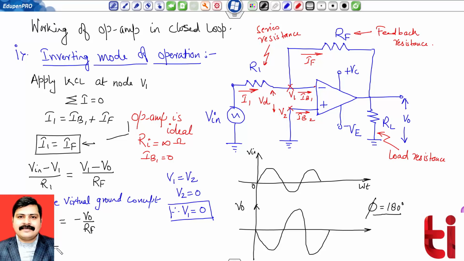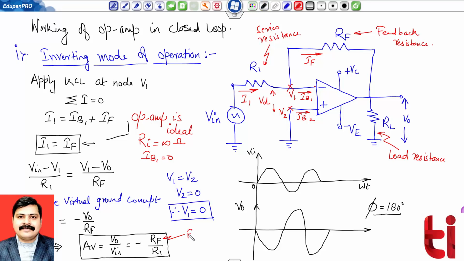From this relation we can solve for the voltage gain. This is my closed loop voltage gain. In case of inverting mode of operation, AV, which is V naught upon Vin, equals minus RF upon R1. So we can control the closed loop voltage gain by connecting external resistances.